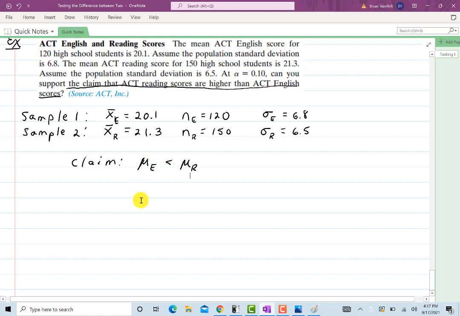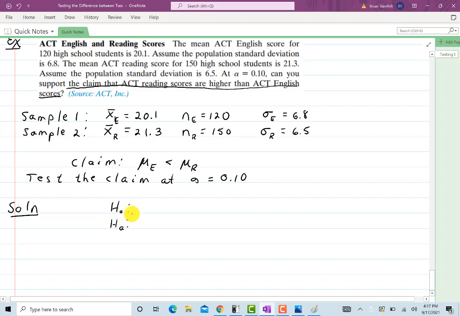All right, well, let's go ahead and test the claim at alpha equals 0.10. So as usual, I'll start with the classical method first. Let me get these things down.